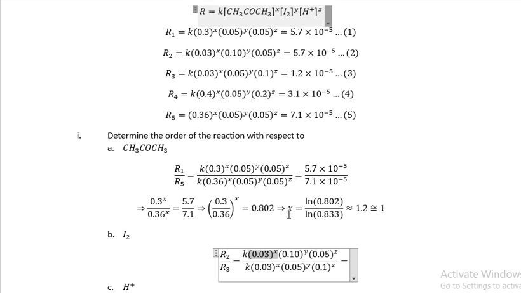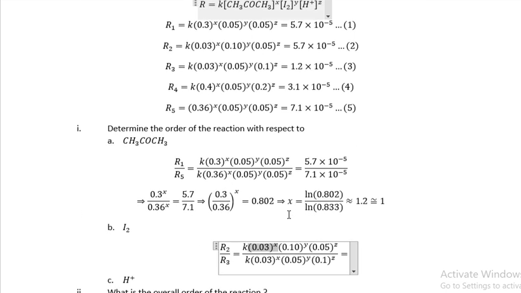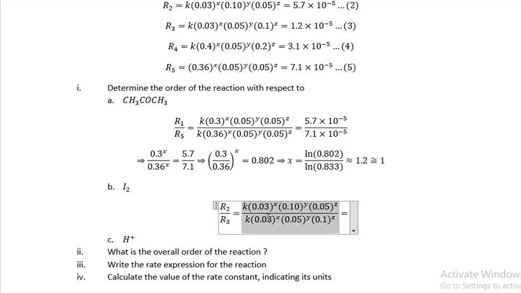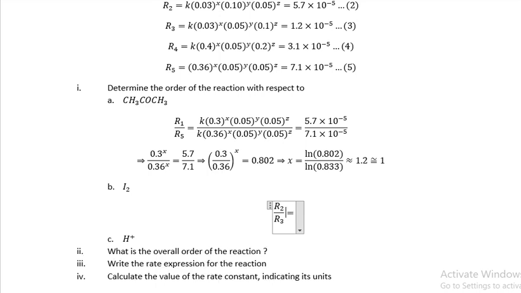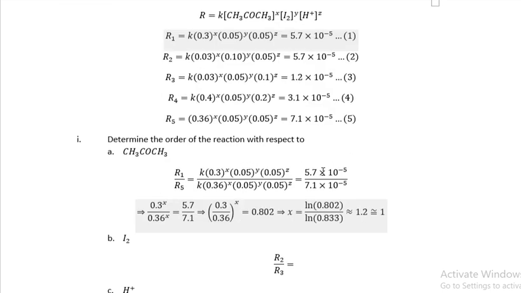So I think it is preferable for us just to take an instant where, since we have already found the value of x, this one is repeating, so that is going to cancel. So let's take rate 1 and rate 2, because in rate 1 and rate 2 it repeats, or rate 1 and rate 5, any of them. It's just that if we take rate 1 and rate 5, iodine will also cancel, so we better take rate 1 and rate 2.